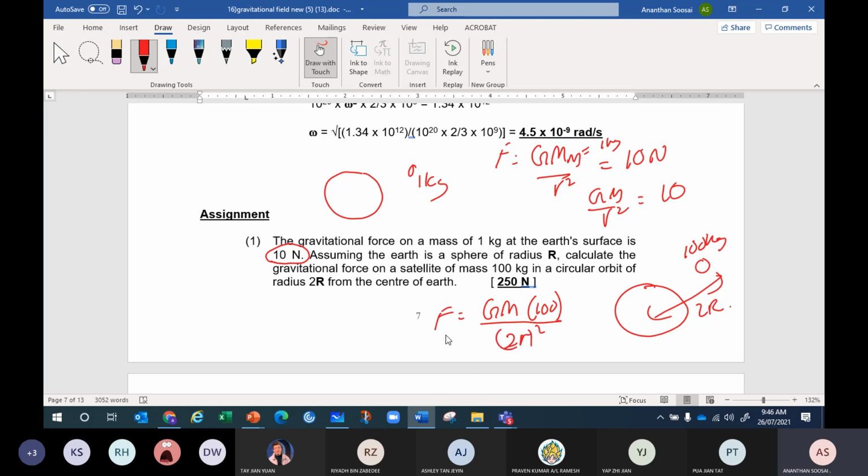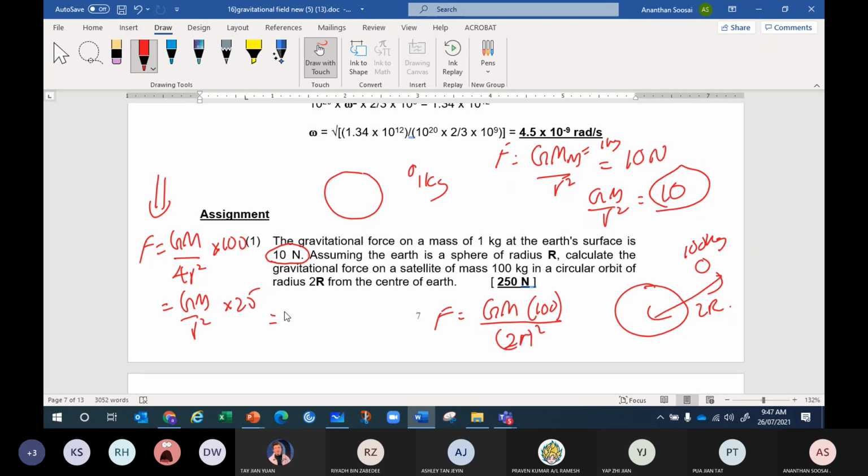So F equals GM over 4R squared times 100. So GM over R squared times 25, because 100 divided by 4. GM over R squared is found to be 10. So 10 times 25, so 250 newtons.